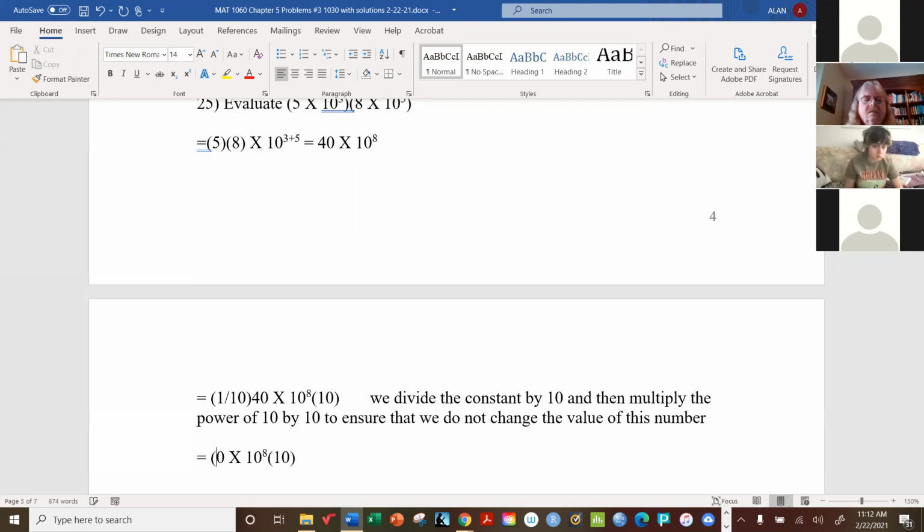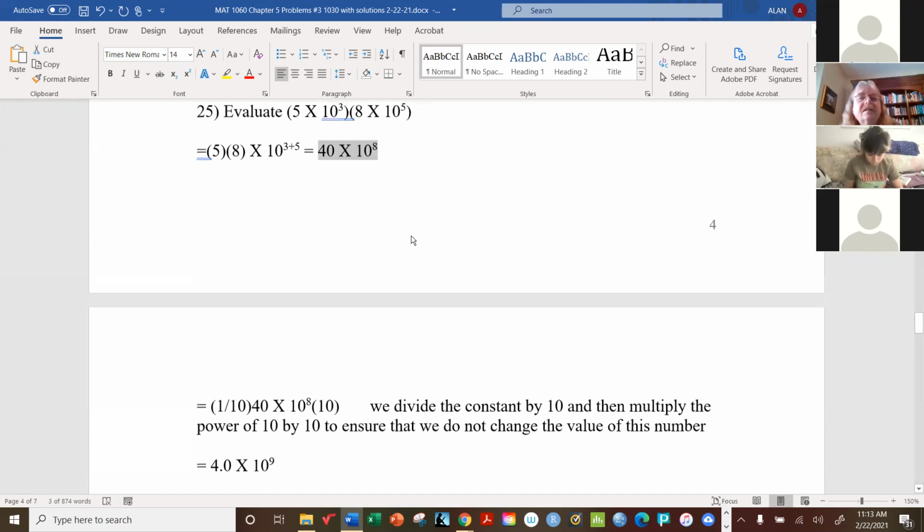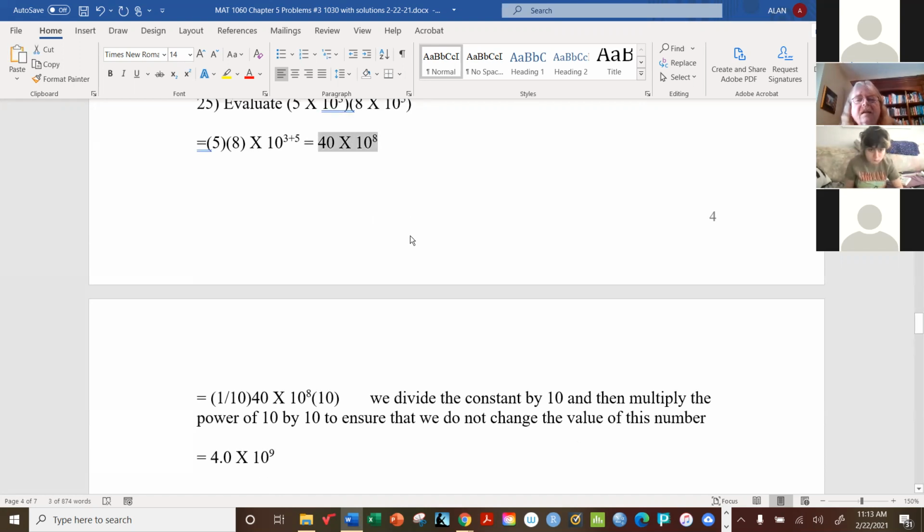And then what ends up happening is that we end up with 4.0, and then we have times 10 not to the 8th but to the 9th. We're adding 1 to that exponent because we're multiplying it by 10. So while these are the same thing, 40 times 10 to the 8th is the same thing as 4 times 10 to the 9th. But remember, we prefer it to be written in the following way.